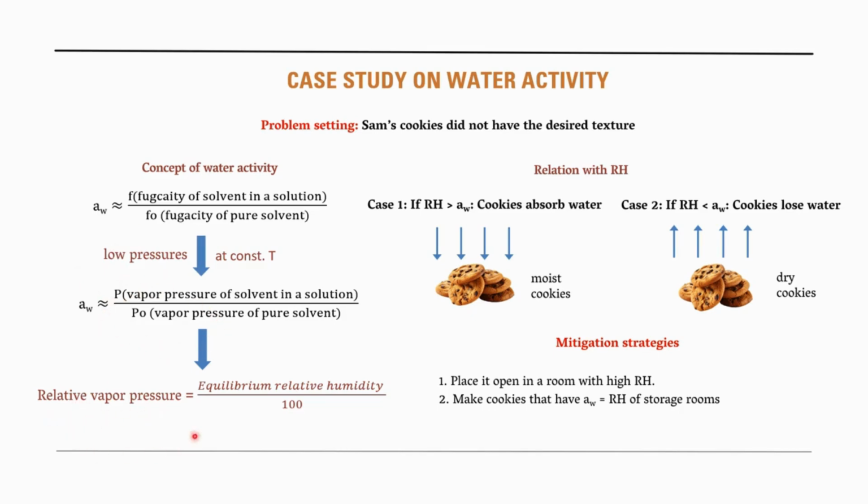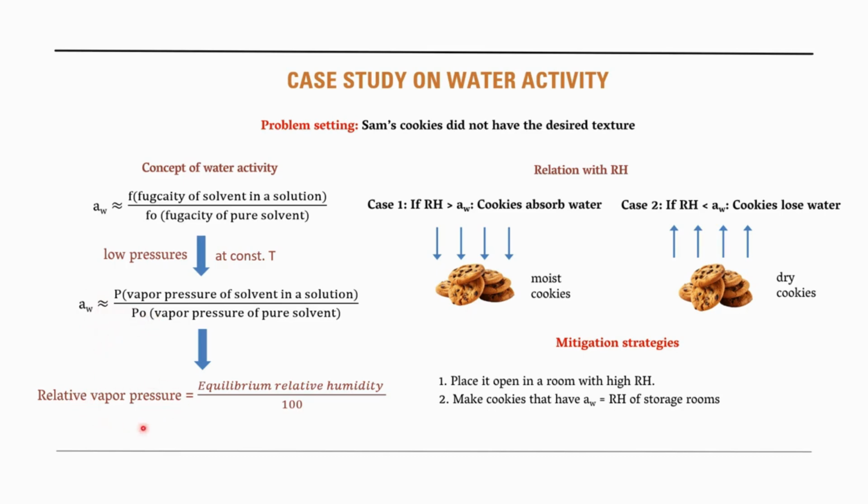And this relative vapor pressure is given as vapor pressure of solvent in a solution to vapor pressure of pure solvent at a given temperature and pressure. In fact, the error value is so low, approximately 1%, that you can substitute water activity for relative vapor pressure and vice versa.